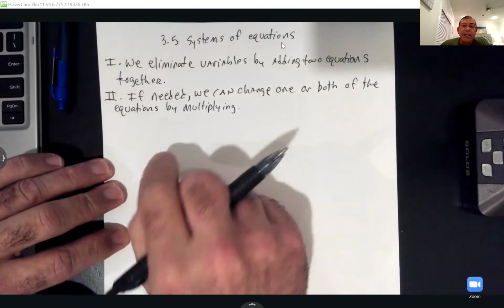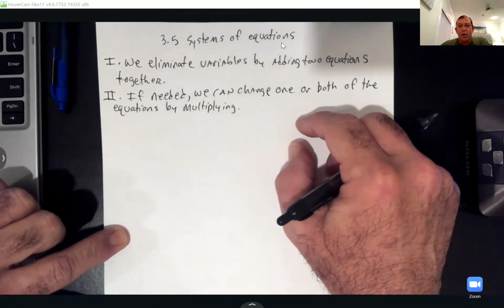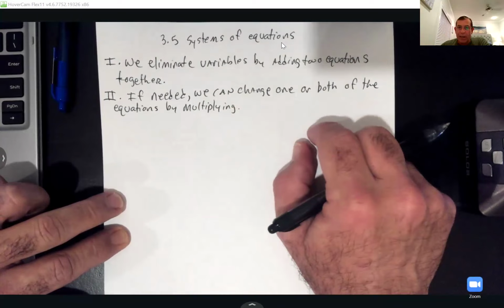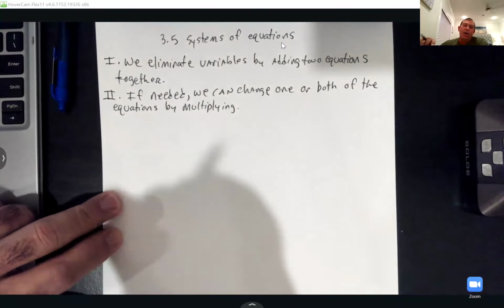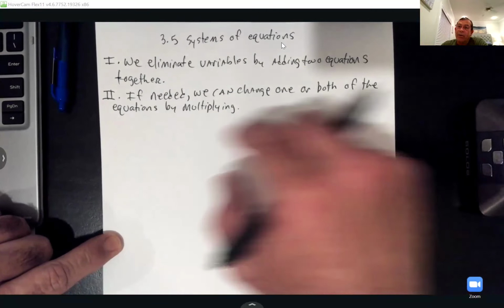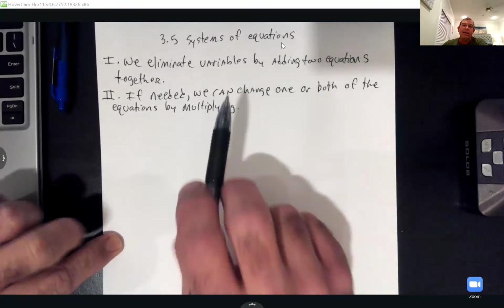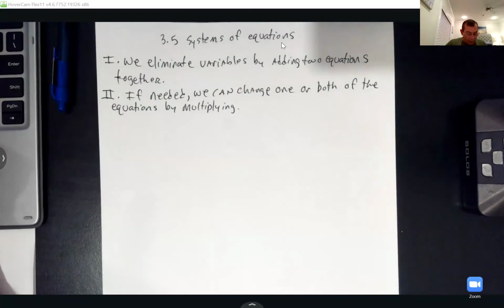Now, if I change an equation by multiplying, I got to do it to every single term in that equation, okay? Because sometimes when I'm looking at my 2 equations, I might not have any variables that'll cancel. So then it might be needed, like I said, to change one or both of them.